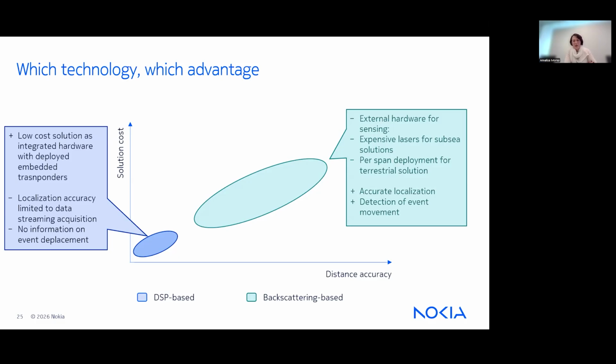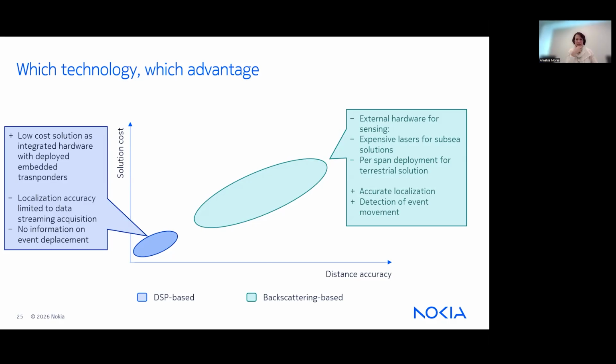On the other hand, we have the backscattering-based solution that is more expensive because we need extra hardware that has to be deployed into the network, but on the counterpart, it has a very good accuracy for the localization of the event, and at the same time, by its nature, it is possible also to understand if this event is moving or not.